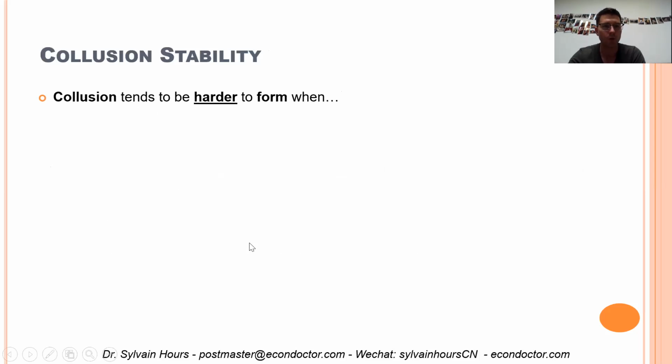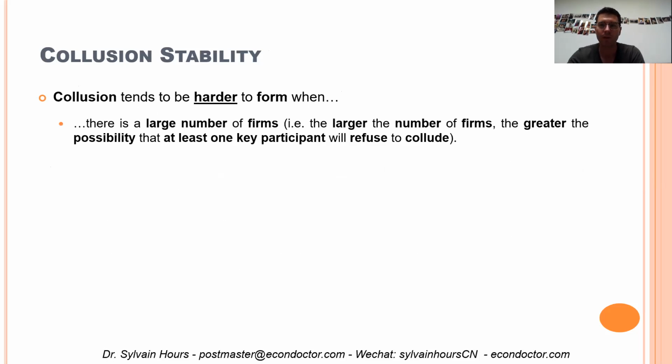So now let's have a closer look at the situations in which it is hard for firms to collude. Basically, what I'm going to list in this slide are the factors that create strong incentives to defect, to cheat, to break the collusive agreement. The first one is when there is a large number of firms, simply because it is more complicated to coordinate.